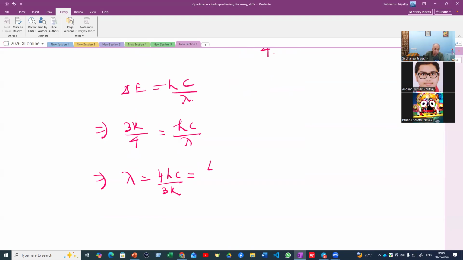We know all the values. Supposing we want in CGS or in SI, 6.626 into 10 to the minus 34 joule into second. C is 3 into 10 to the power 8 meter per second. And K is equal to, just now I told you, 2.18 into 10 to the minus 18 joule. So everything will cancel, only meter will remain.